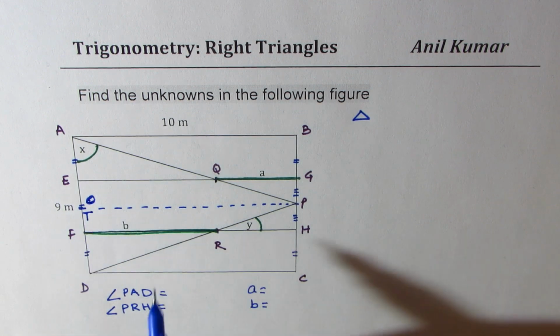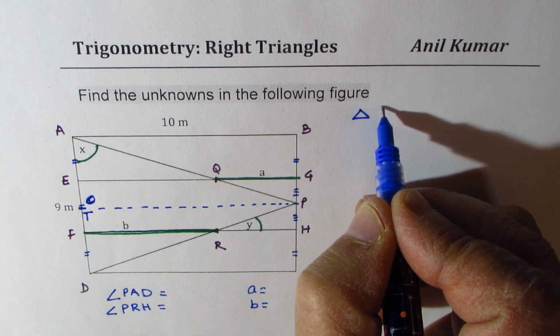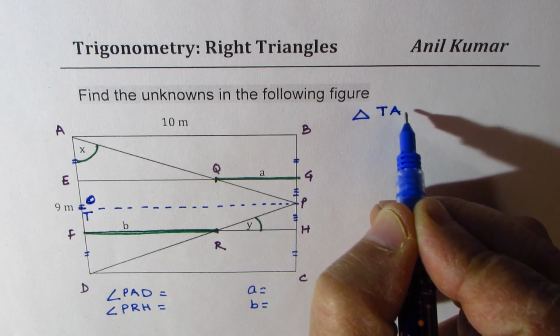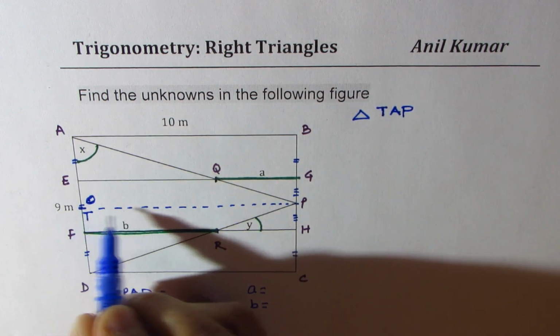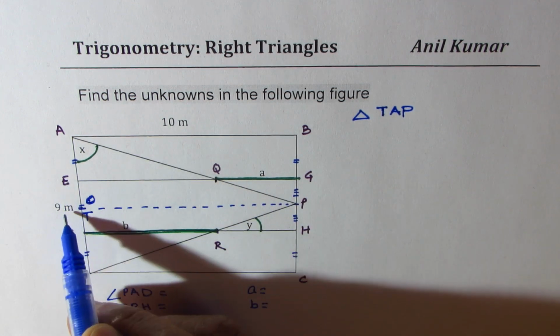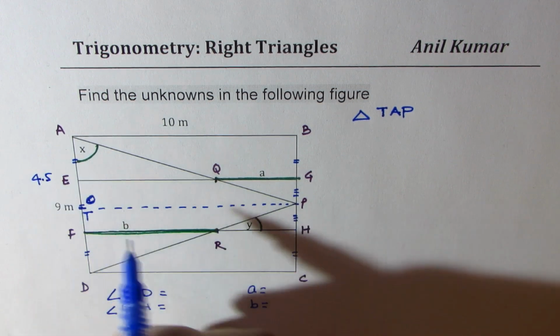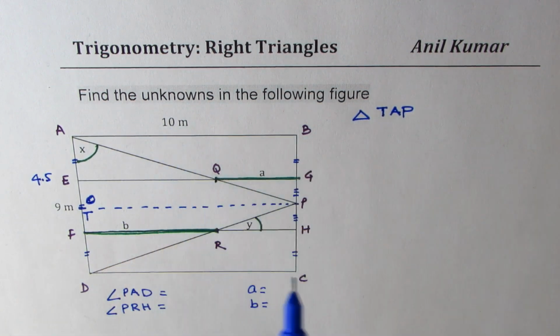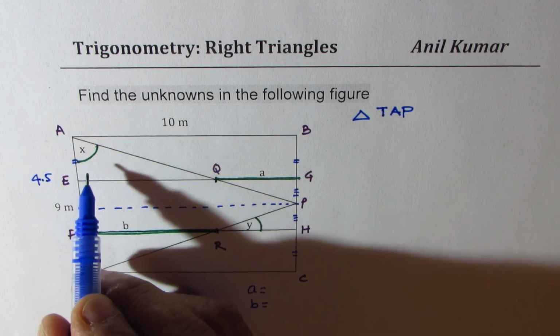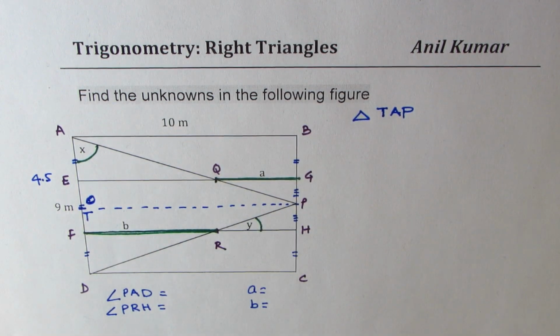So in this triangle TAP, we have a right triangle whose side AT is half of 9, which is 4.5, and the base is 10, right?